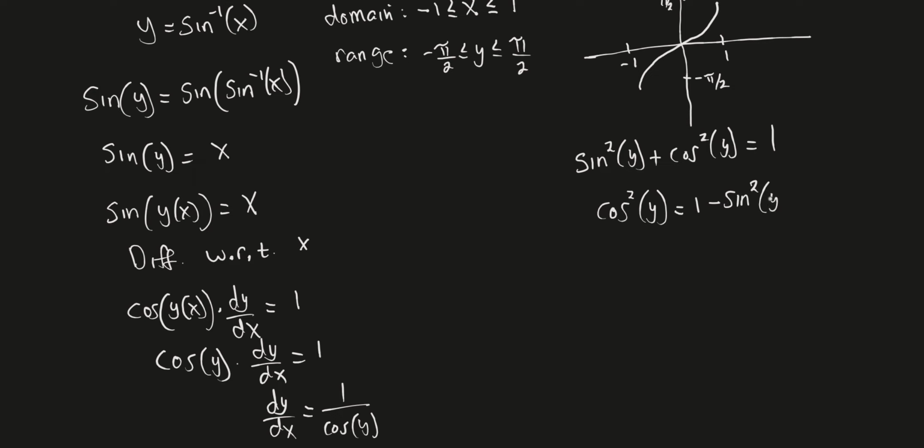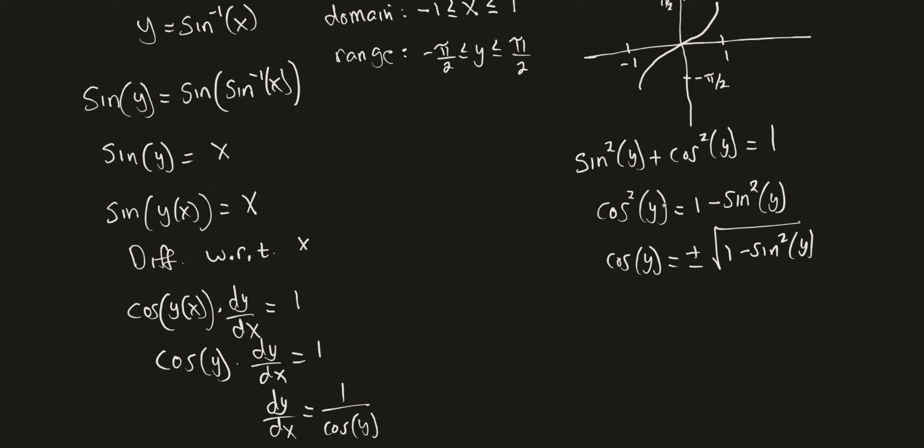And if I'm trying to isolate cosine of y, I would have to take the square root. So the cosine of y is plus or minus the square root of 1 minus sine squared of y.